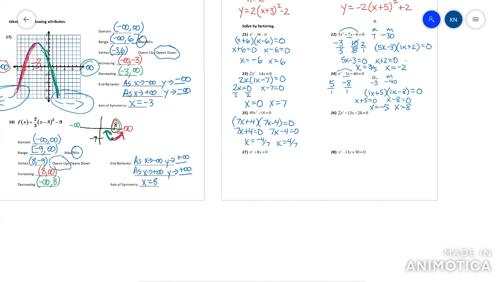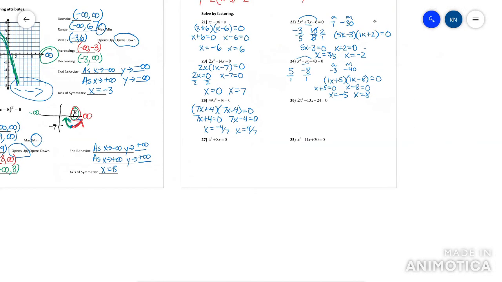The next one is another trinomial, so you're going to rainbow. You have to find a combo of numbers that multiplies to be -48 and adds up to be -13. The combo that you're looking for is 3 and -16. Put them over your a value, which was right here.